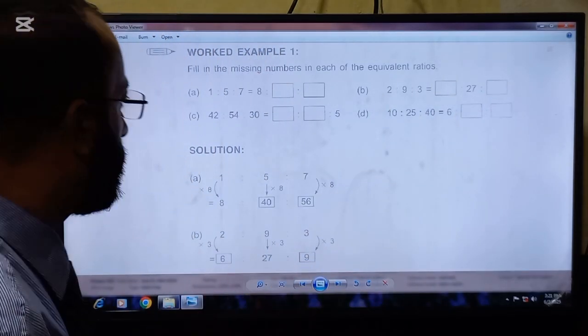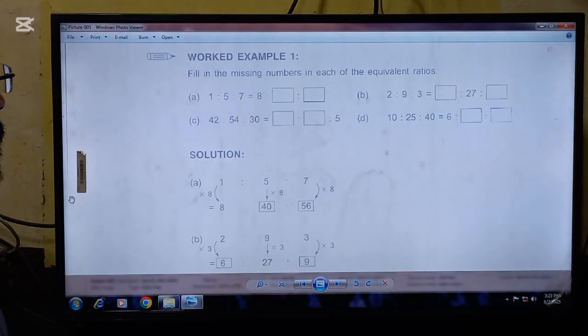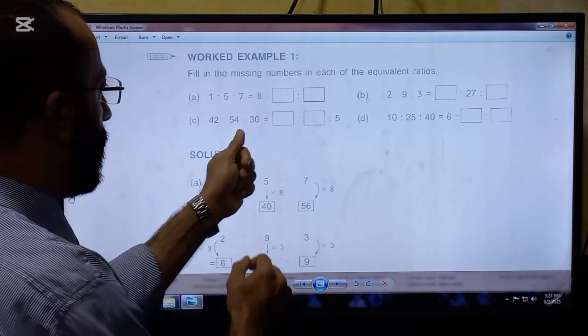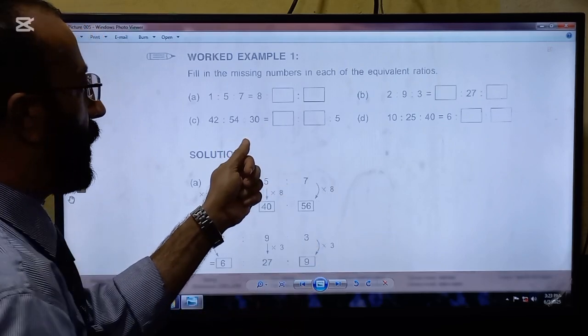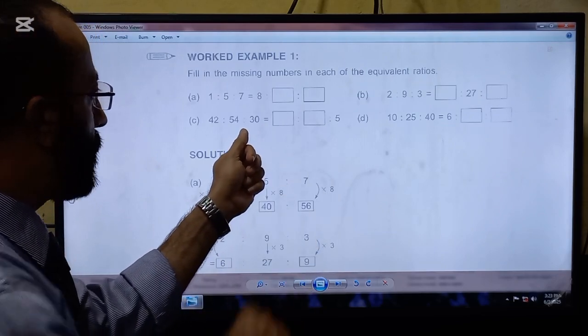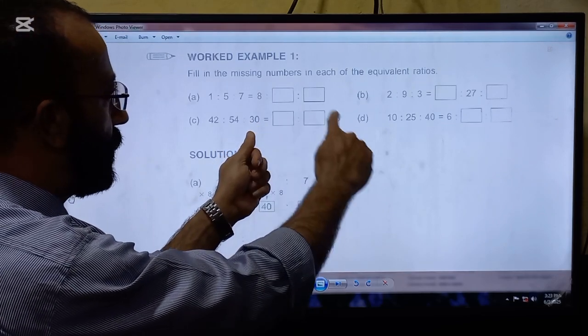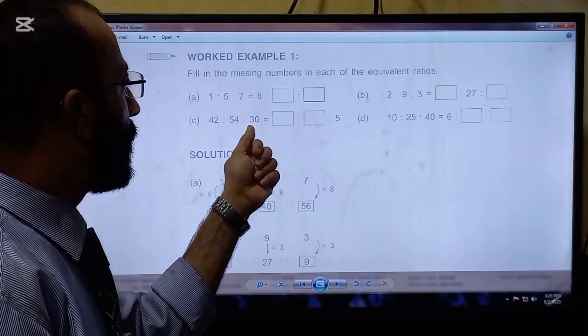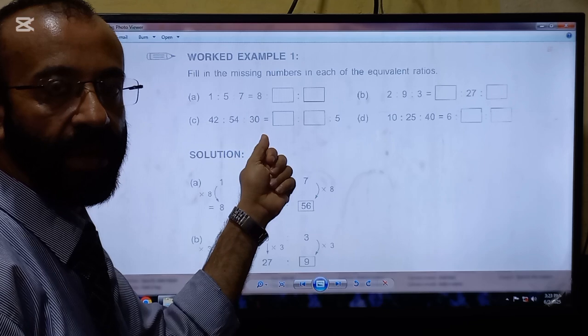So look now. In C part, equivalent ratios, the third value is given. So from third to third, we have to pick the pattern. So 30 divided by 6 is the pattern.